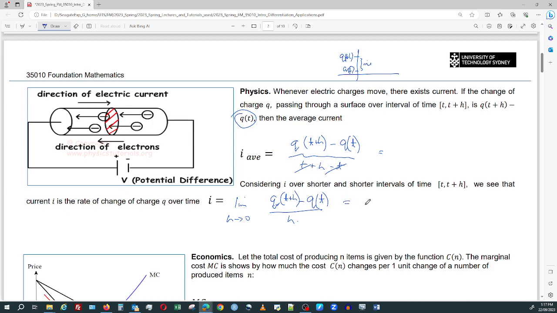So again, see if you can interpret this. The differential of the charge is current. I wonder what that would look like if you did your charge, then did your dq/dt.